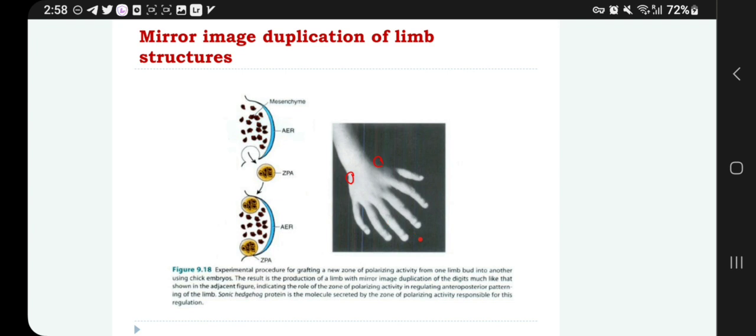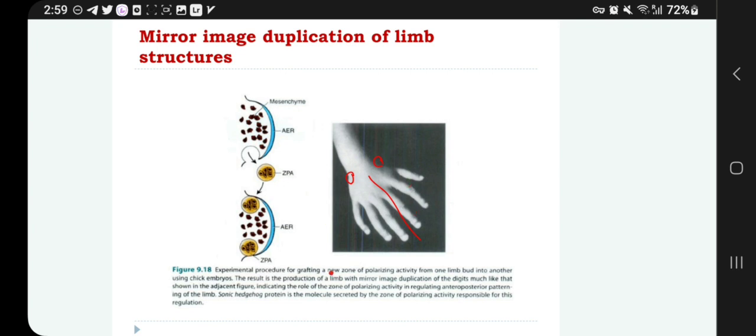And you can see it's like a mirror with two little fingers, two pointers, and two middle fingers. In a lab, for example, they separated the ZPA from the chicken and transplanted it to the anterior border, and after that they saw a mirror image duplication of limb structure like this.